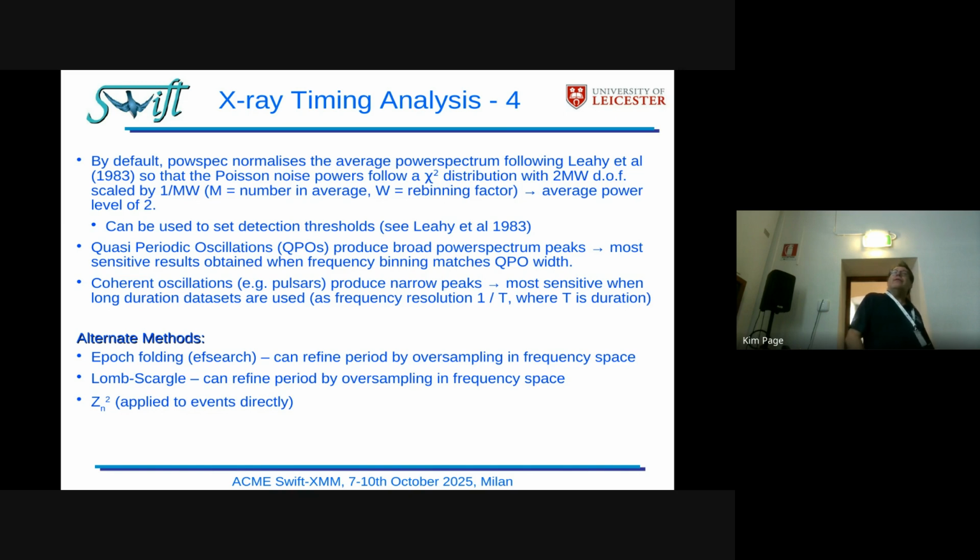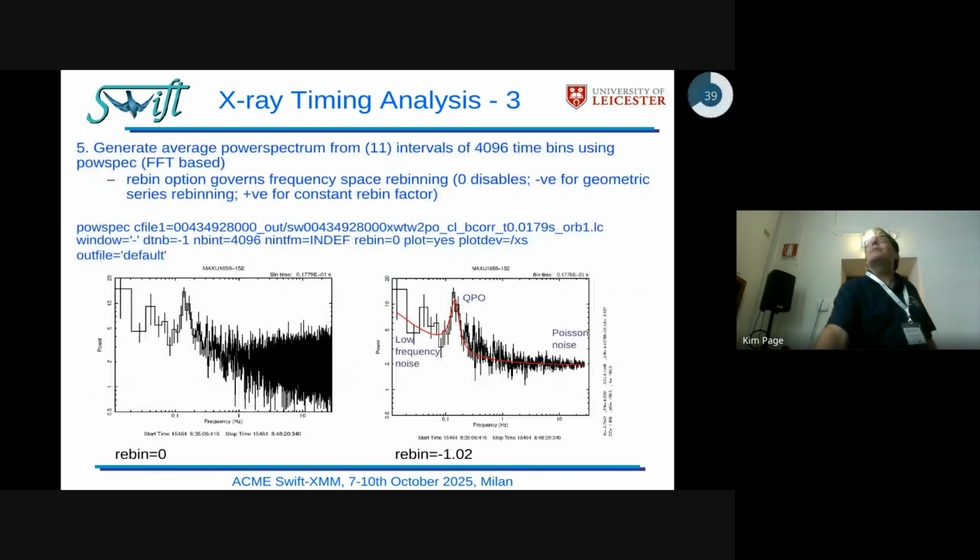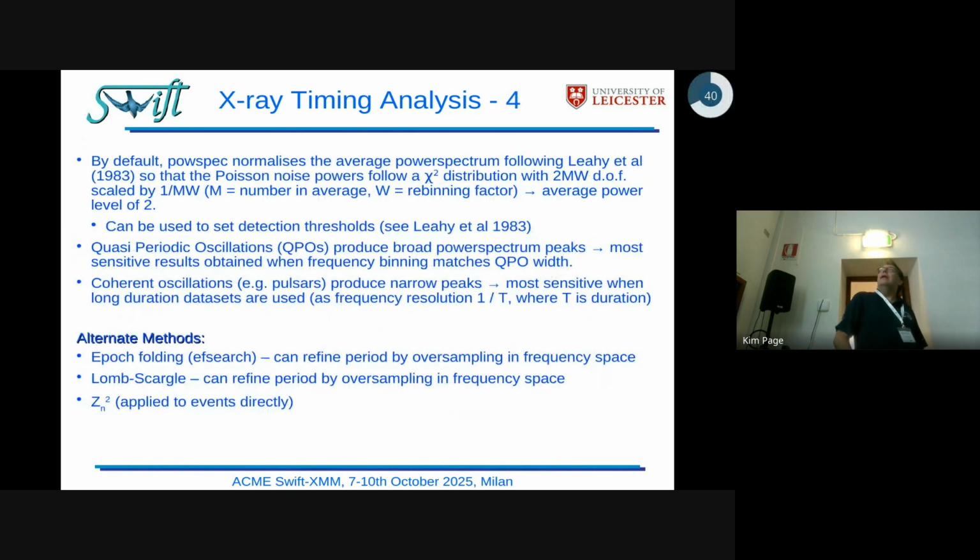Now, the example I've shown you is a quasi-periodic oscillation, so it's quite a broad signal in frequency space. To be most sensitive to QPOs, these broad signals, you should match your frequency binning to the QPO width if you can. That's why you can give it this rebin factor to change the binning.